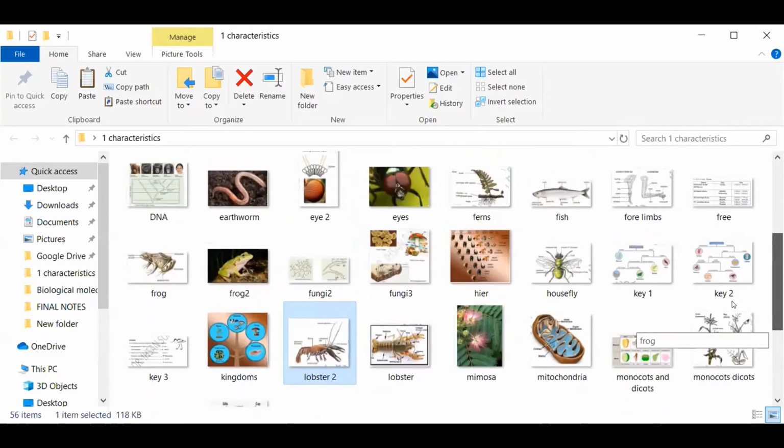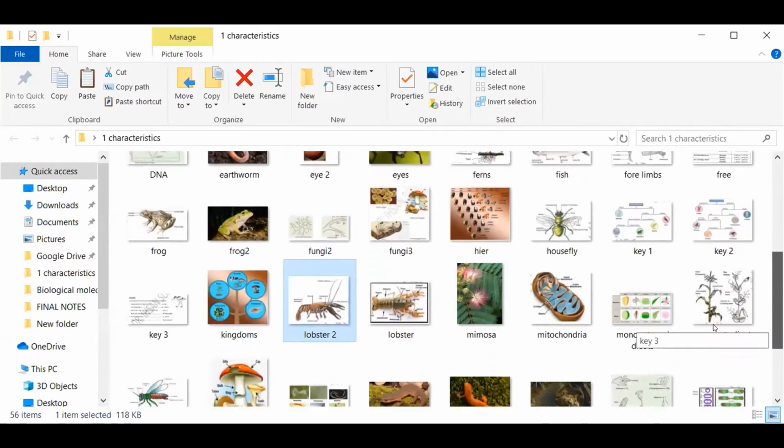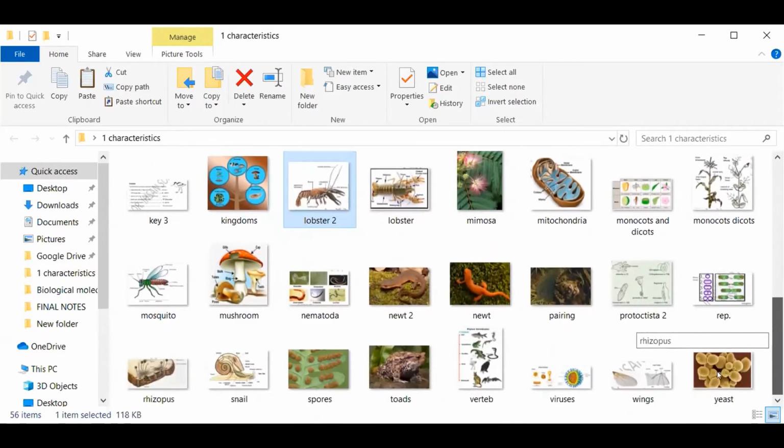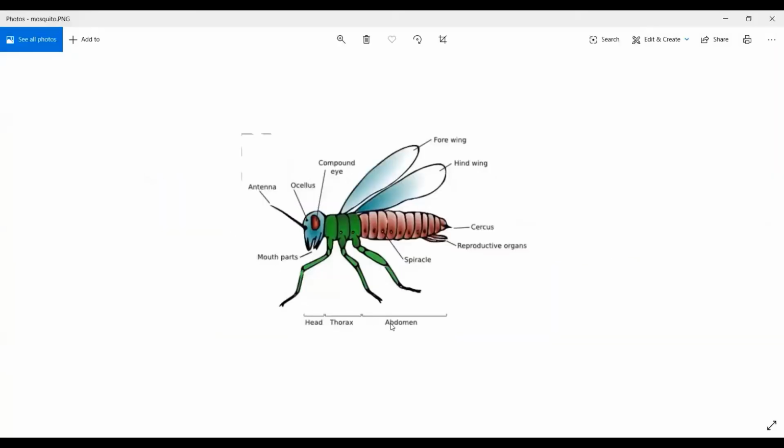I find the mosquito only. My notes in this folder were of the old syllabus. I'm going to put the mosquito. They have the same parts. Here, as you can see, this is a hand-drawn picture.